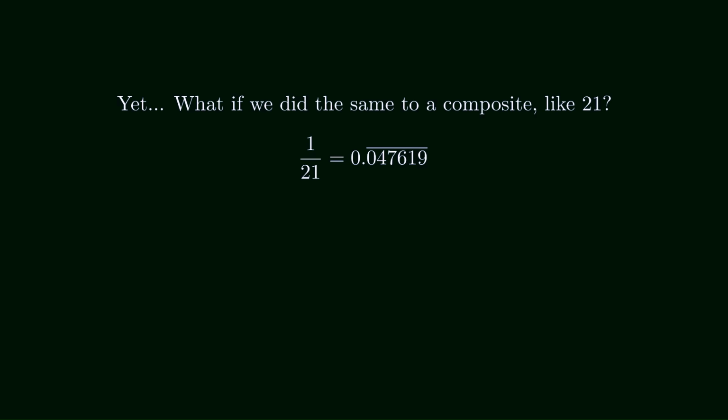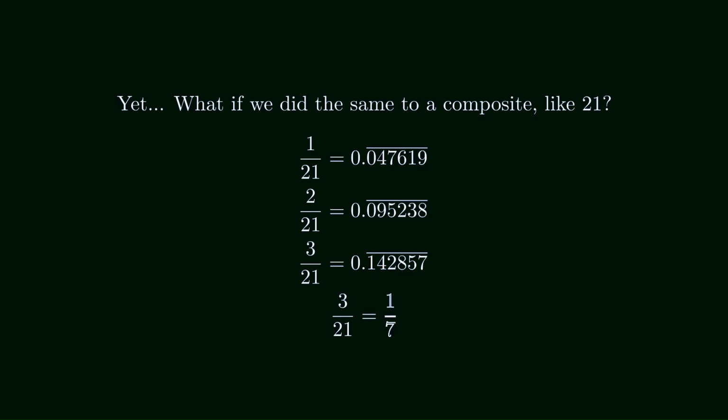But why? Well, look at what happens when we divide 3 by 21. That's strange. This repeating sequence is the same that we get with 7. Well, the reality is that 3 divided by 21 can be simplified to 1 divided by 7, no matter the base. And as a result, the maximum length of 3 divided by 21's repeating sequence is that of 1 divided by 7.